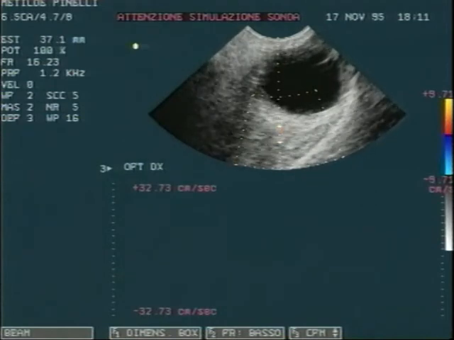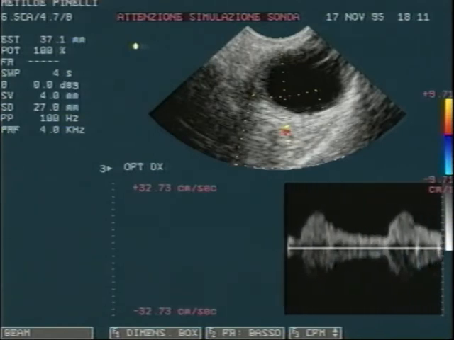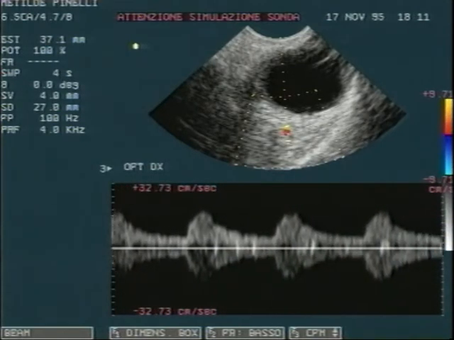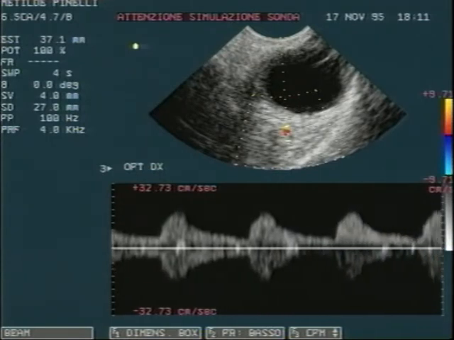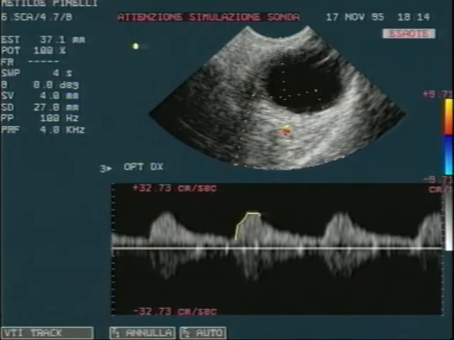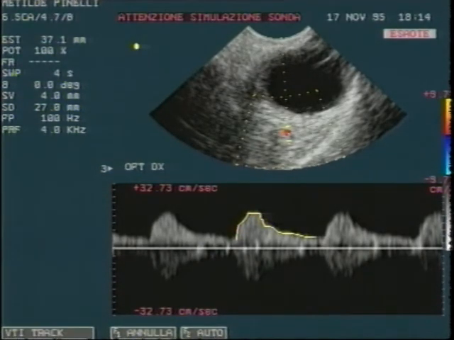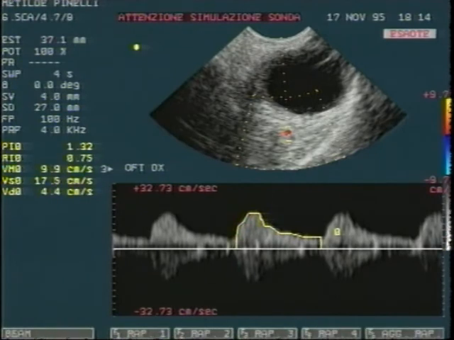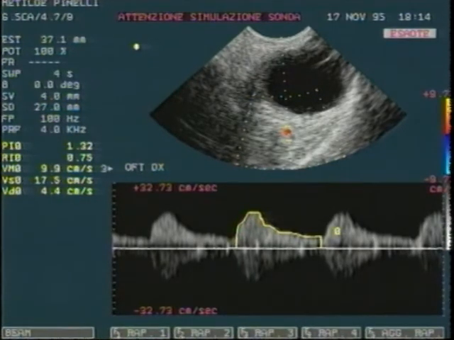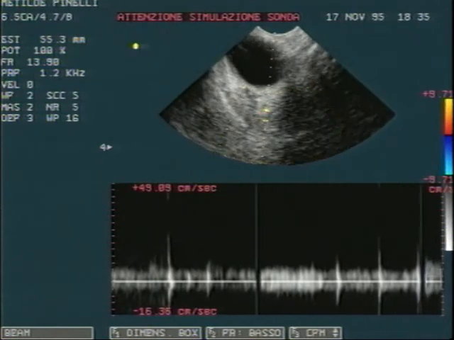This is the sampling of the ophthalmic artery in an STG patient. This is the sampling of a normal ophthalmic artery.